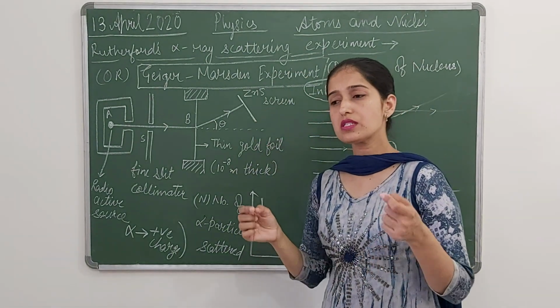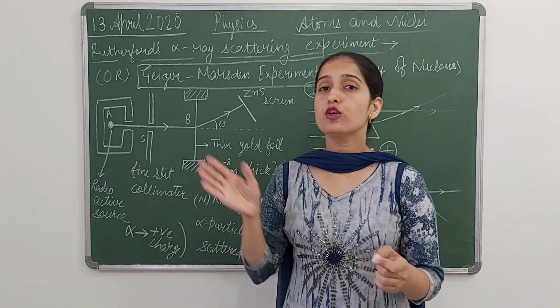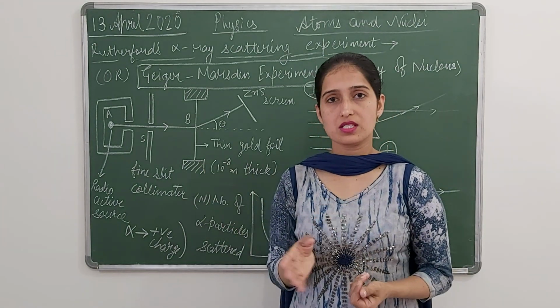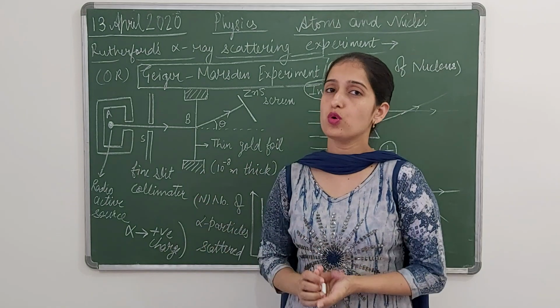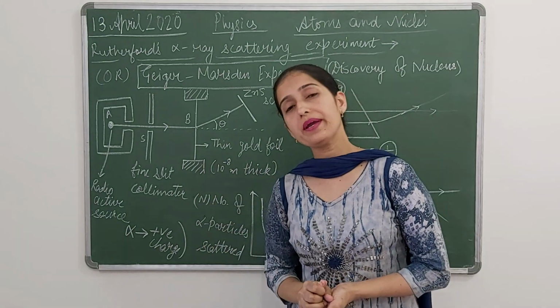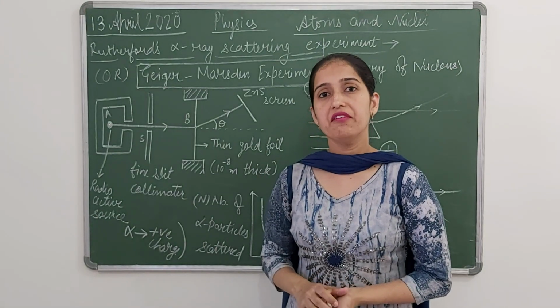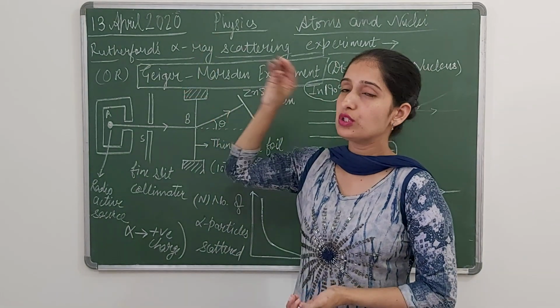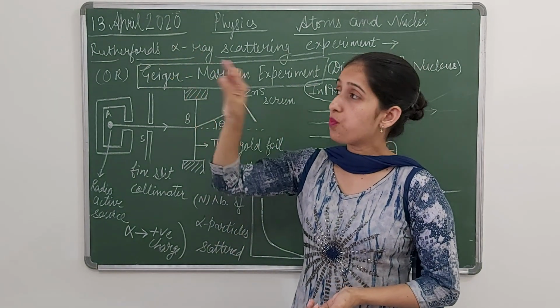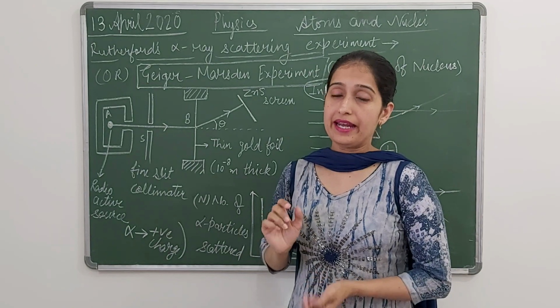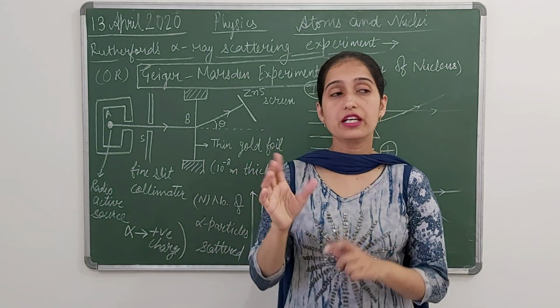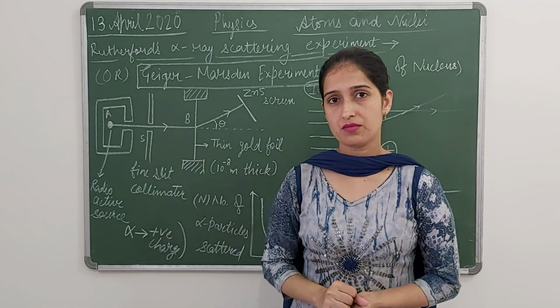We simply use a glass plate and a coating of silver salts is done on those glass plates to make them photographic film. When any light falls on those photographic films, spots appear, and using those spots we conclude our results.